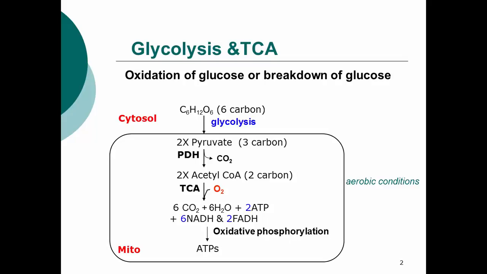and the TCA cycle is in the mitochondria, and oxidative phosphorylation also occurs in the mitochondria, right? So the mitochondria is very important for aerobic metabolism, right?